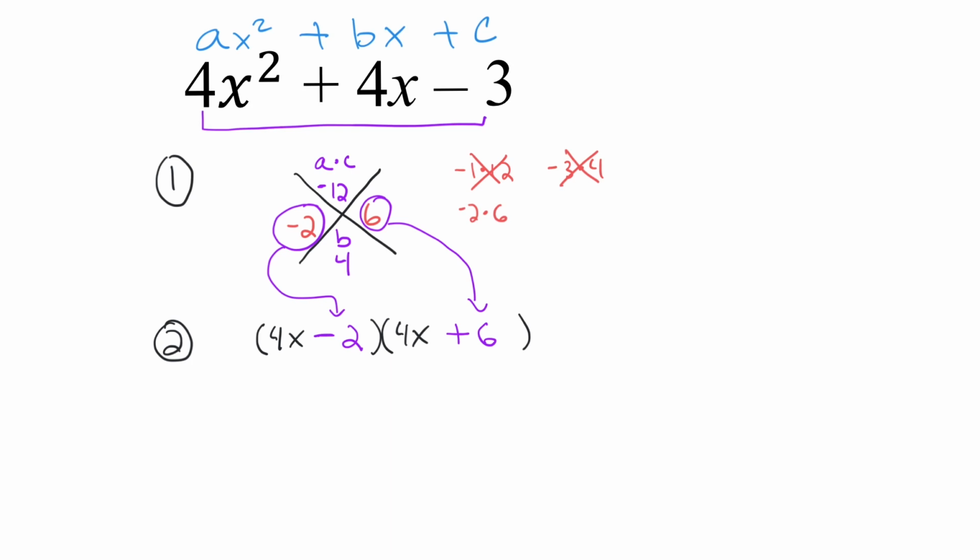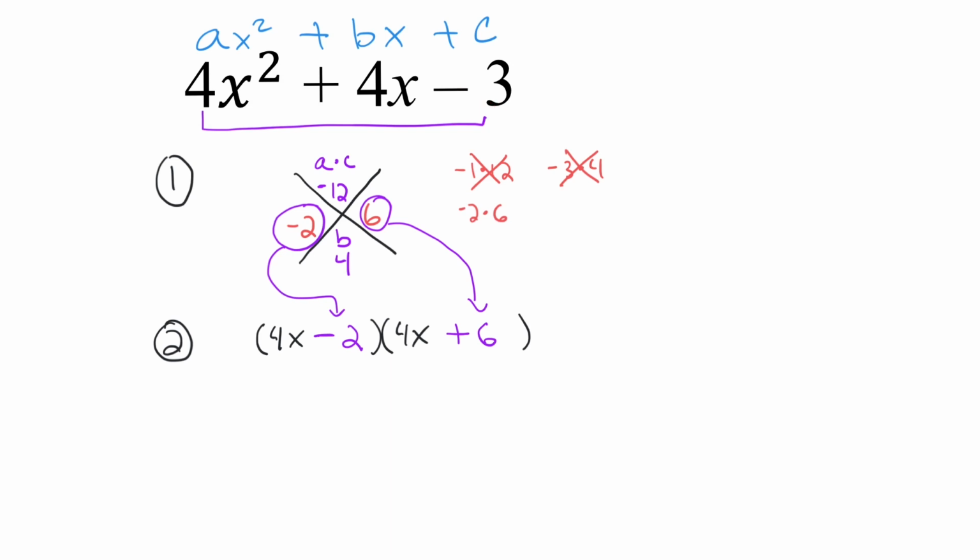You don't have to do a lot of math, but if you multiply the 4x times the 4x, well, 4 times 4 is 16. Wait a minute, that is not the a term here. Not 16, we have a 4x squared. And if you multiply the -2 times the +6, that will be -12, and it is not the -3 that we have in the trinomial.